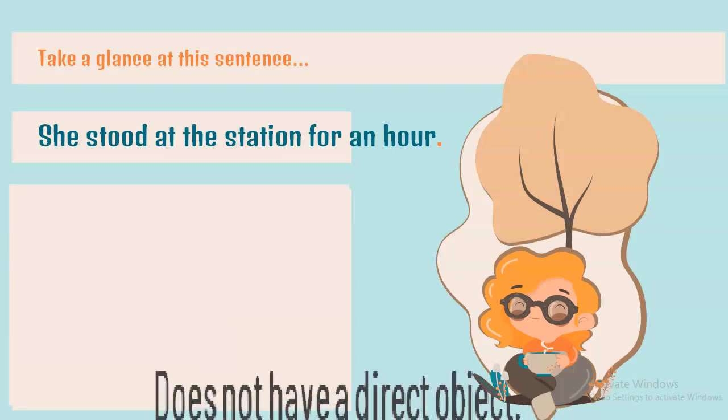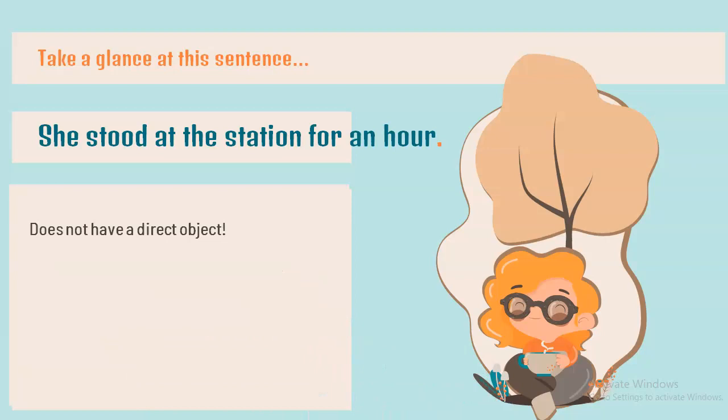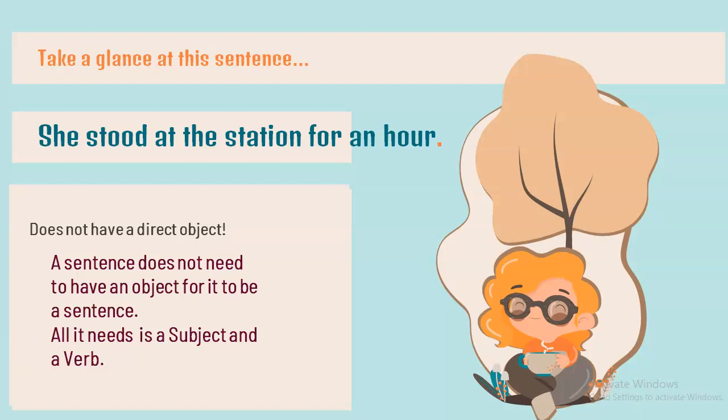No. This sentence does not have a direct object because there is no word that answers who or what is being stood. Right? So, a sentence does not need to have an object for it to be a sentence. All it needs is a subject and a verb.